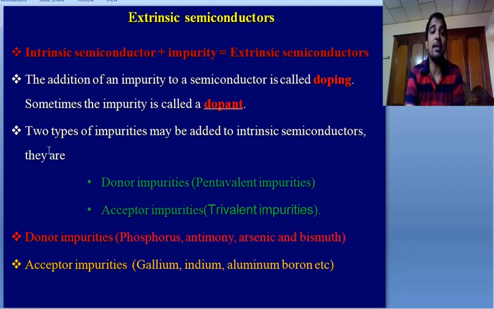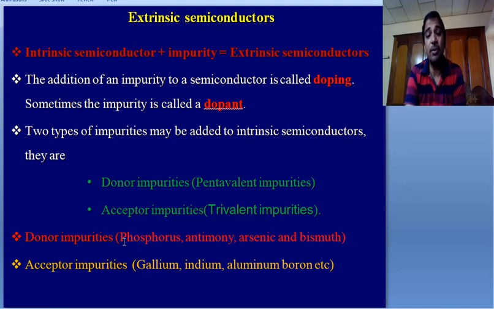Actually these dopants are of two types: donor impurities and acceptor impurities. Donor impurities are those which have 5 valency electrons, pentavalent impurities. Acceptor impurities are trivalent impurities, with 3 valency electrons. Examples of pentavalent impurities, with 5 valence electrons, you can check by your atomic number knowledge: phosphorus, antimony, arsenic, bismuth.